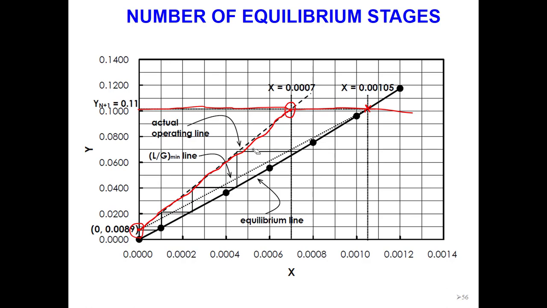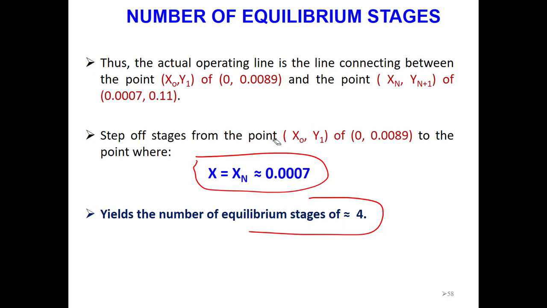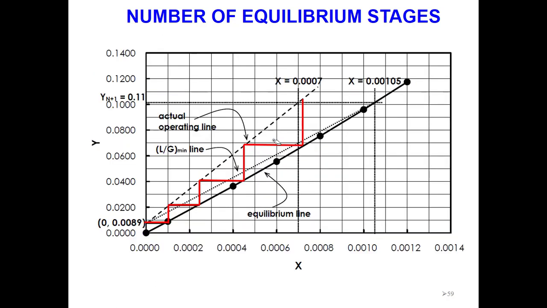So this is your final operating line in this question. Now you have to start plotting the stairs, which I will show you in the next slide. This is what we just found, xn, the final x. If you plot the stairs, it gives you 4 stages. Let me show you how you plot the stairs. You have all the points that you need. This is your initial point, this is your terminal point.